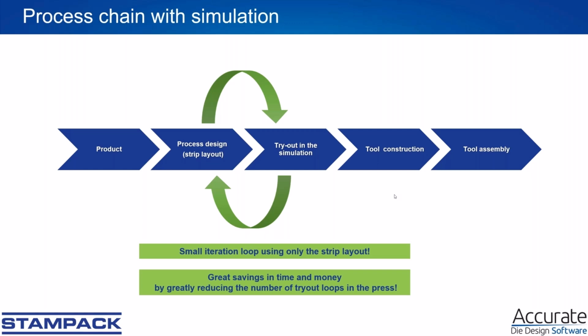It's a very fast iteration loop, and you have great savings in time and money because it's much faster to make a tryout in software, typically about 1 day, than to make the tryout in hardware, which can take weeks and weeks.